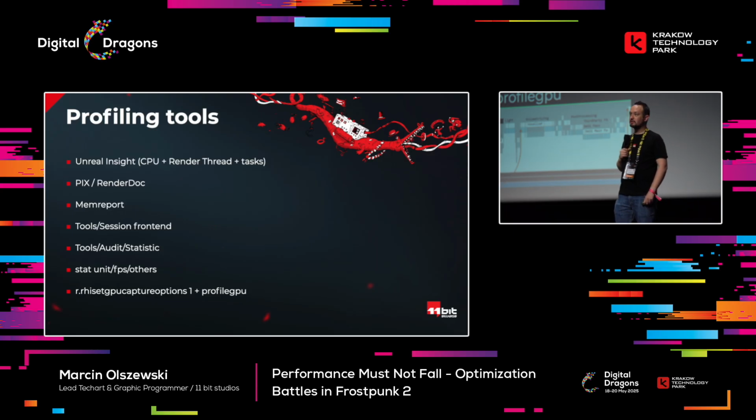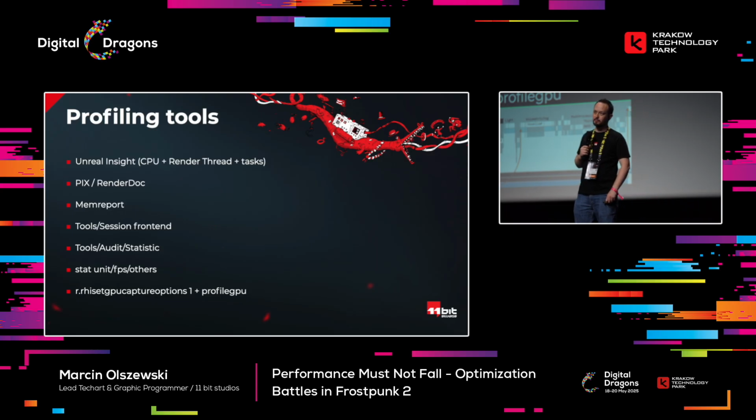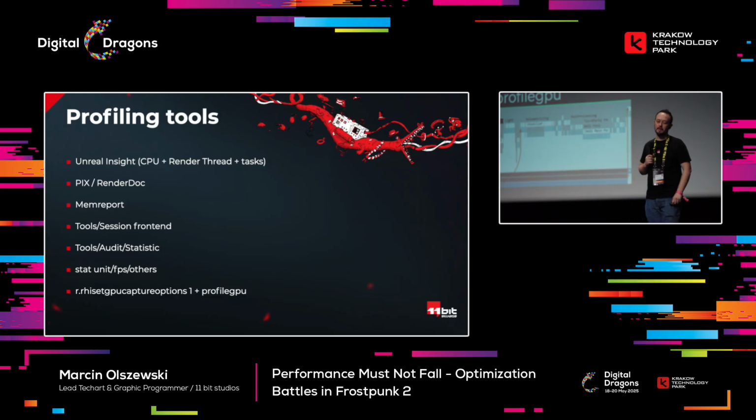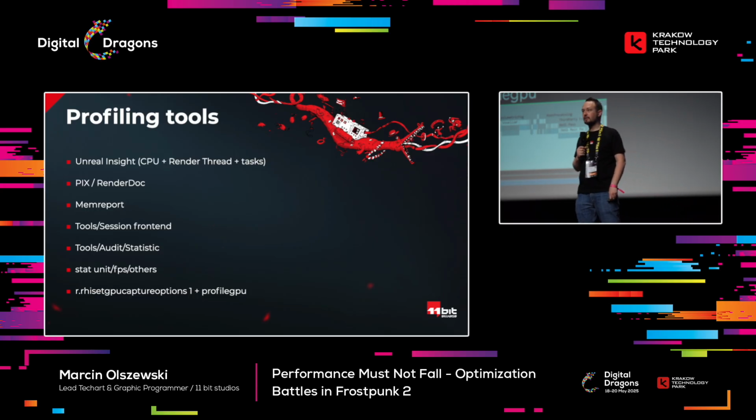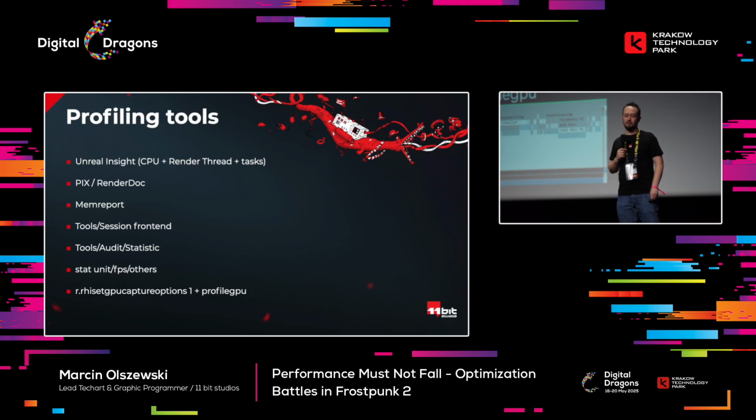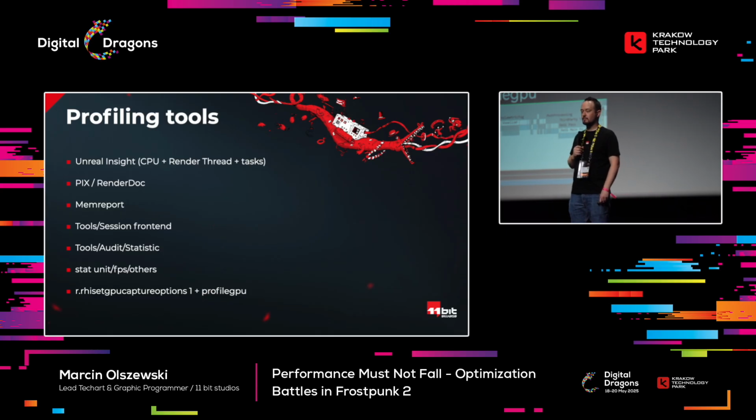And of course, we are using profiling tools, many of them. This is only for PC. We also have some for consoles. First thing is Unreal Insights for CPU, render thread, tasks. For Slate, for example, it's also worth it, just don't use it in the editor in this case, because it gives wrong data. PIX for rendering, and Memory Profiler is a cool thing for getting info on where memory is missing or where we are using too much memory.